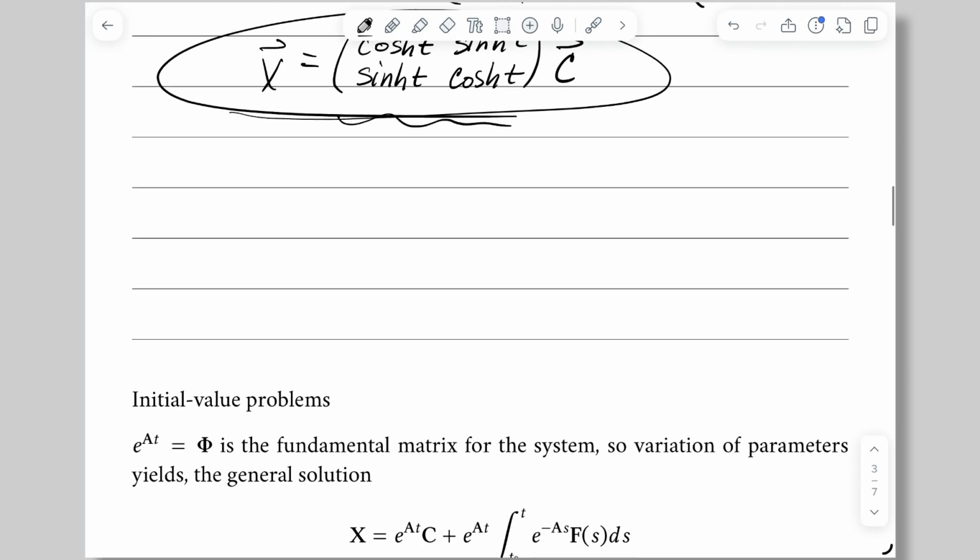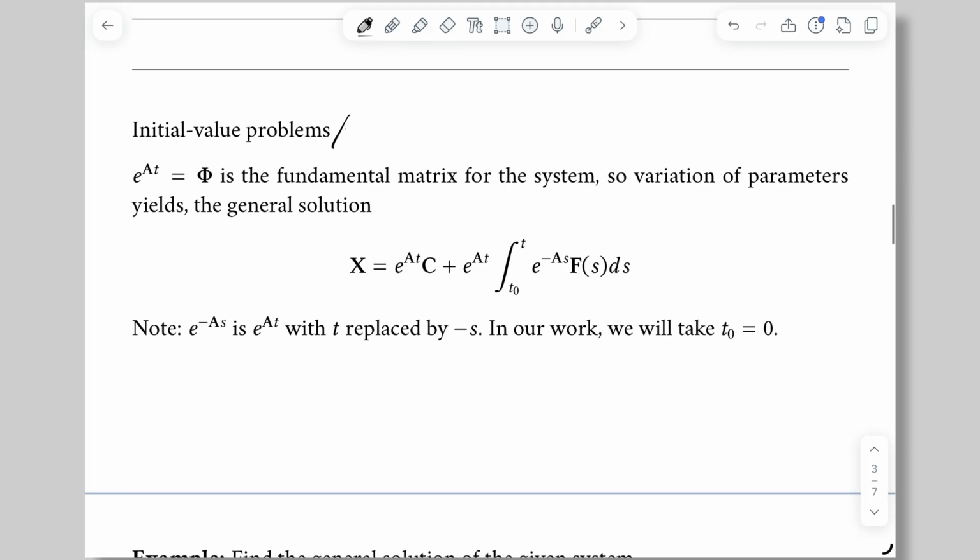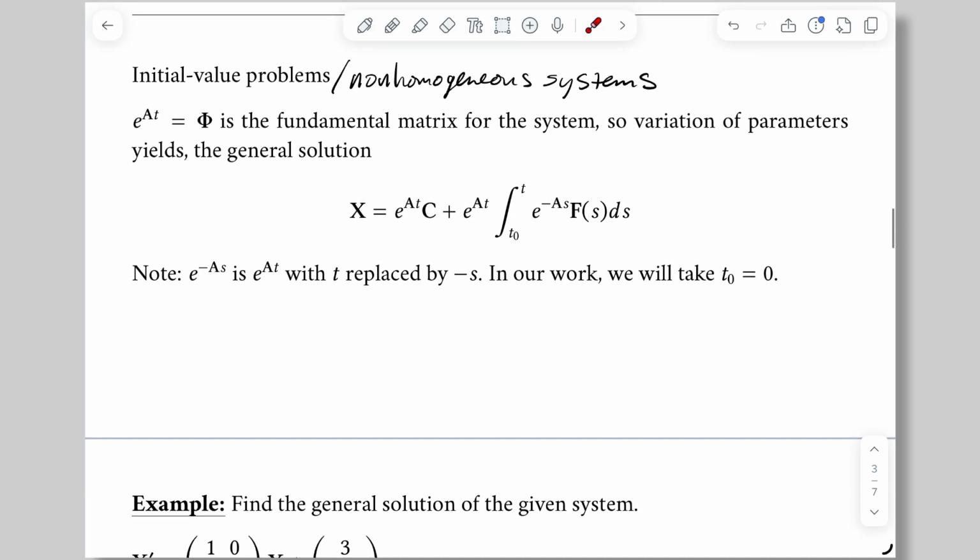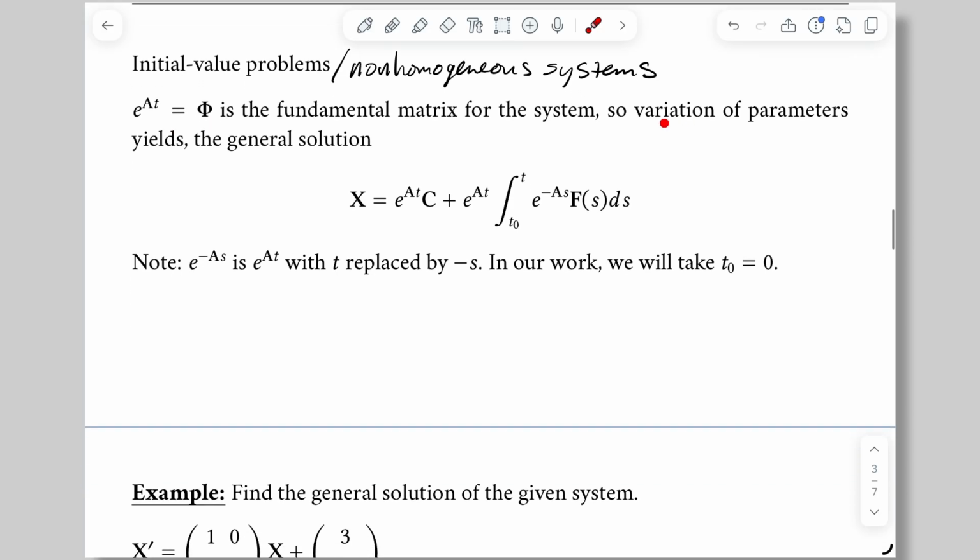We can handle initial value problems and non-homogeneous systems using the matrix exponential and the formula that we found when we saw variation of parameters. e to the At is Phi. It's the fundamental matrix. So x equals e to the At times c plus e to the At times the definite integral from t naught to t of e to the negative As times f of s ds.